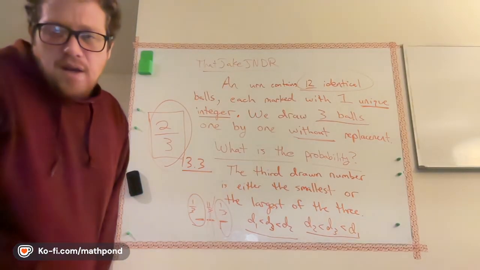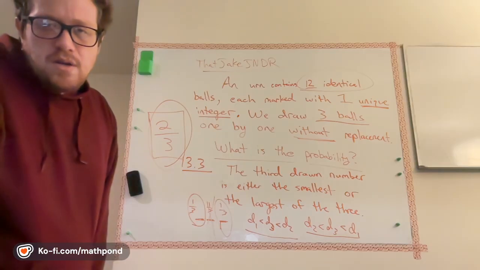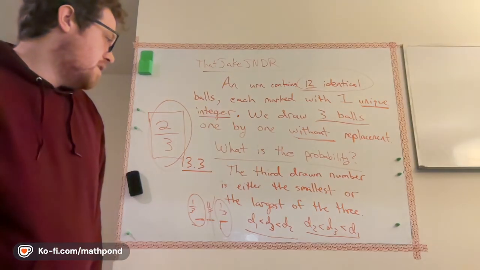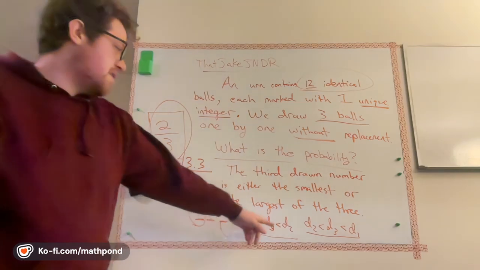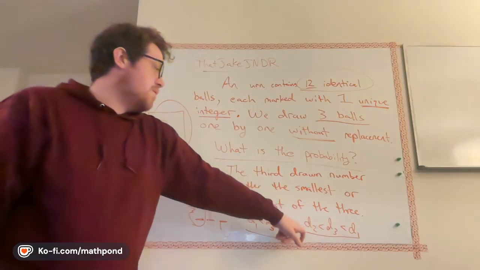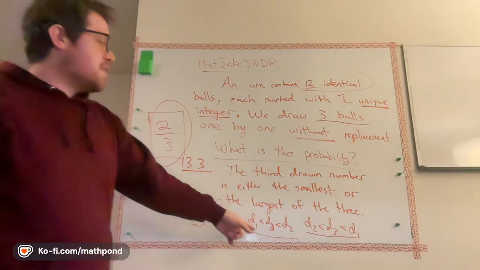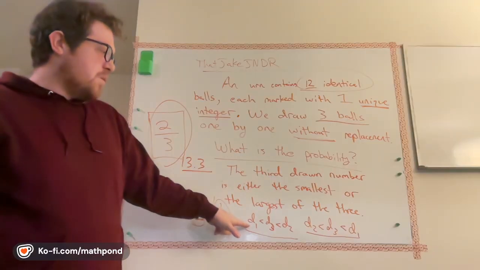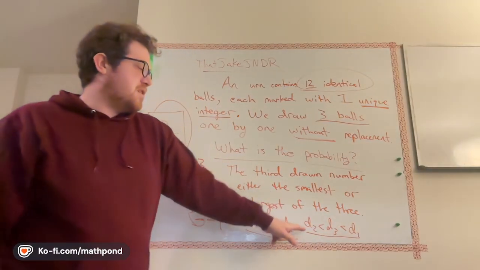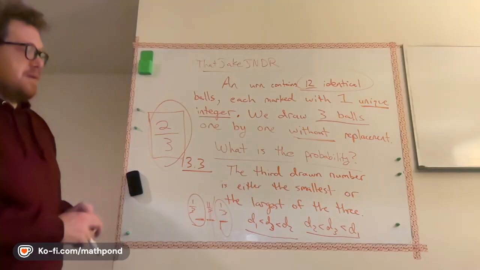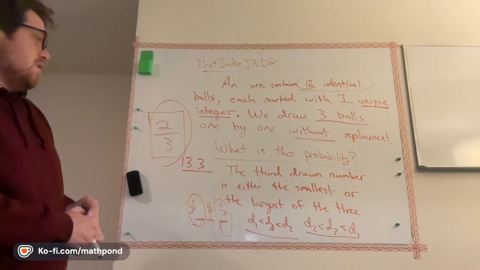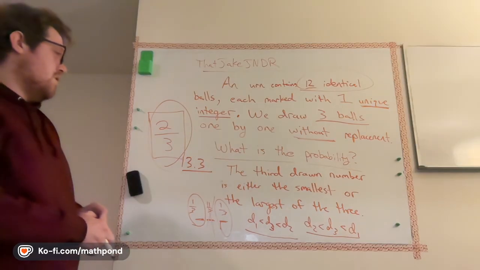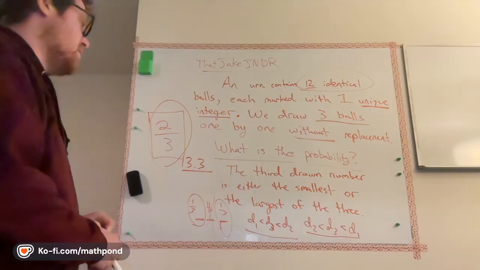But the third ball has to be less. What do you mean? Has to be less than D2 or less than D1, or in this order? D3 has to be less than D2 and greater than D1, or it has to be less than D1 and greater than D2. So either of the two cases. Oh, sorry, wait, did I write this wrong?